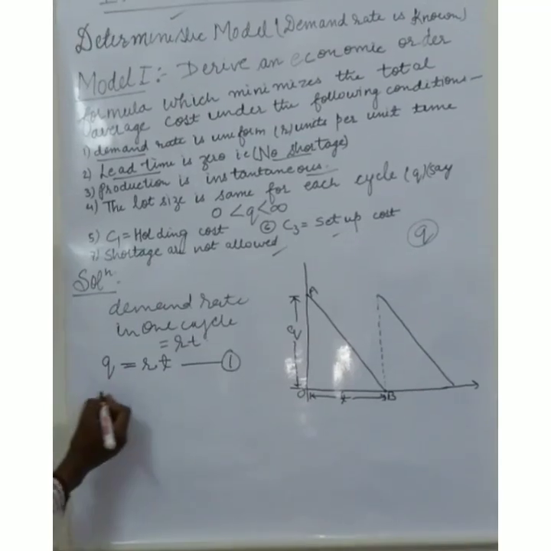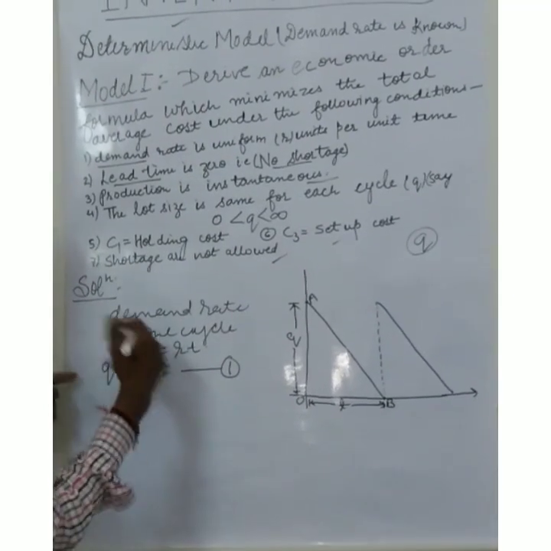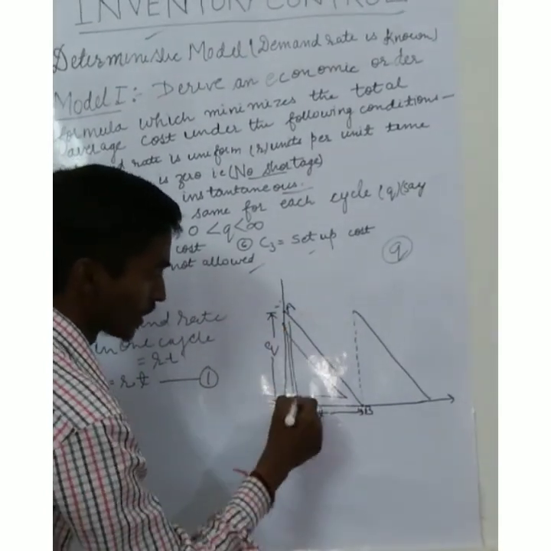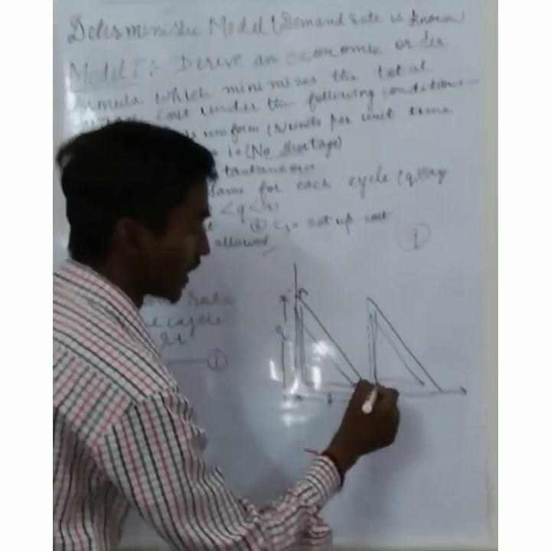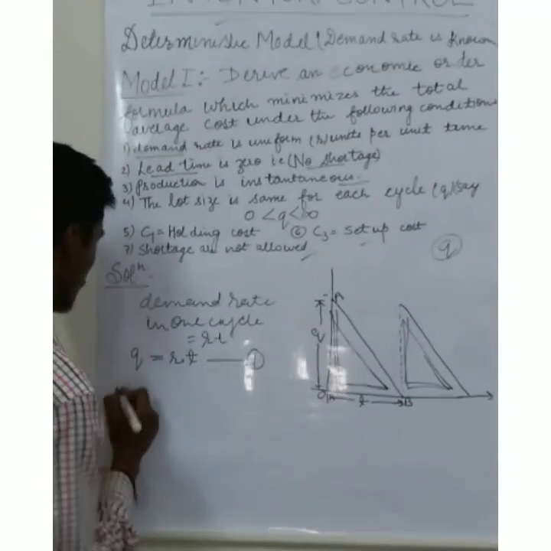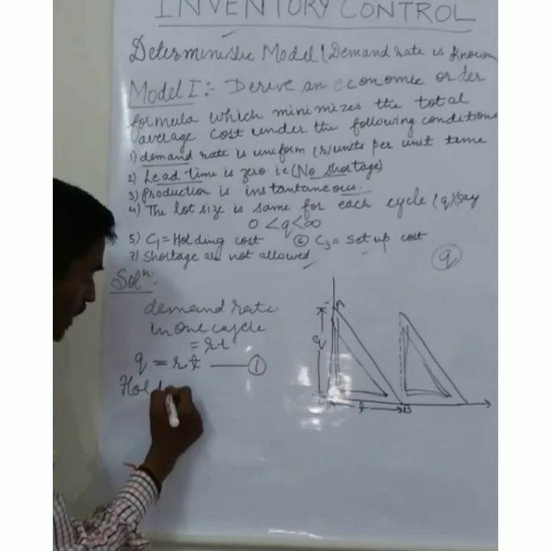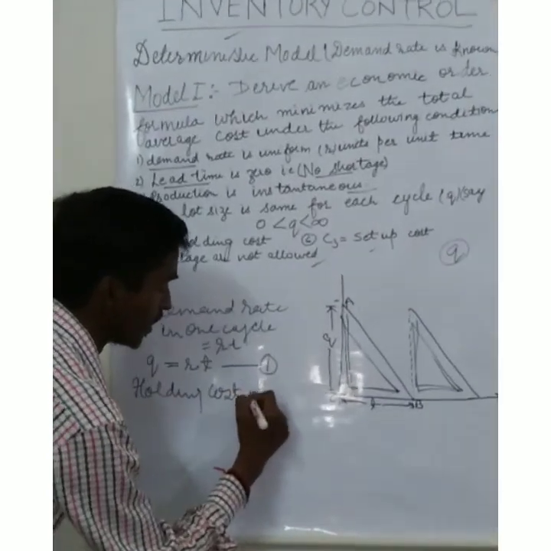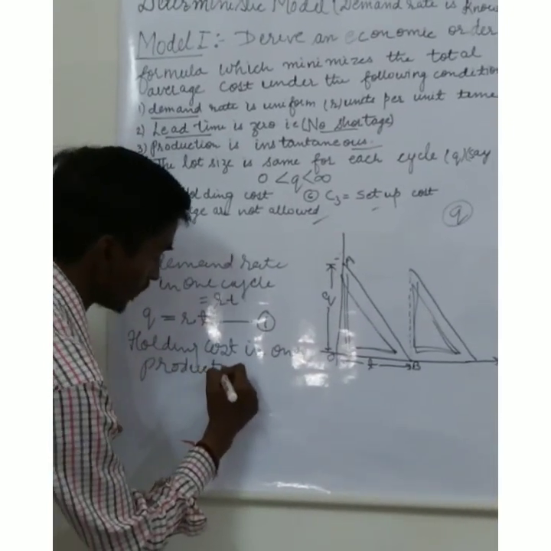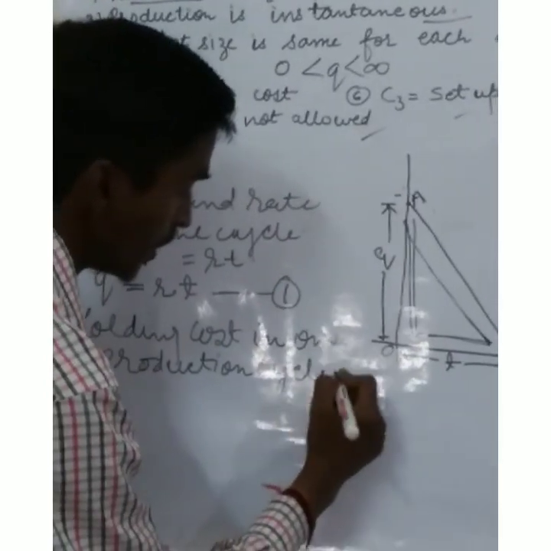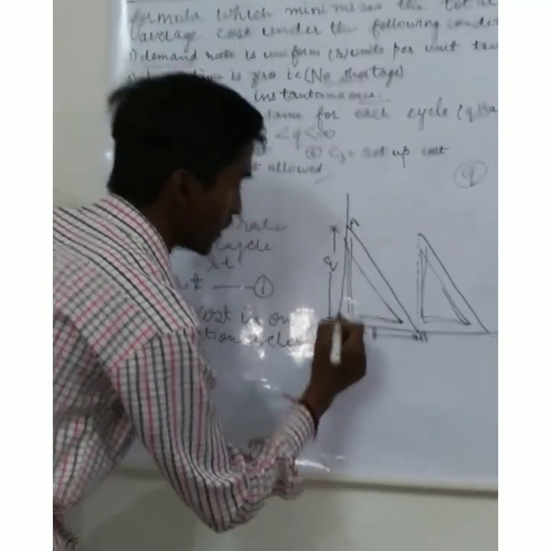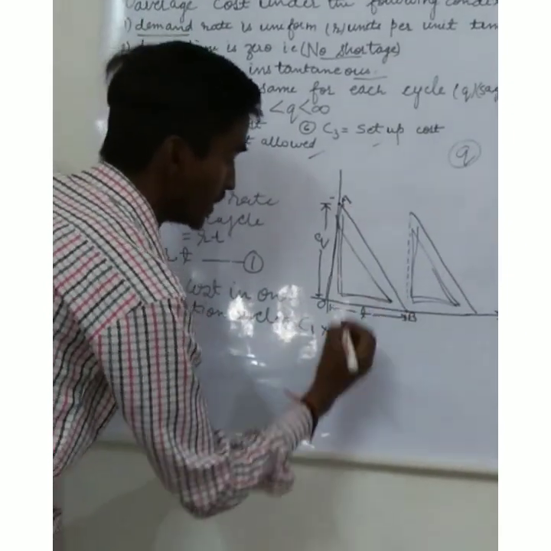Now we find the holding cost for one production run. This is one cycle. This cycle is one production cycle, and this is another production cycle. Suppose this is cycle 1, this is cycle 2. We will find it only for cycle 1. Holding cost in one production cycle is equal to C1 into the area of this right angle triangle OAB.